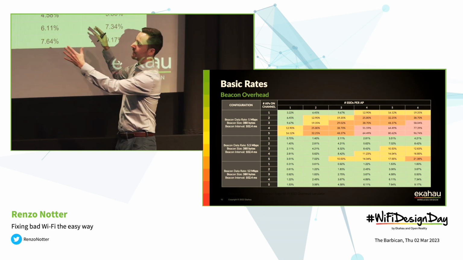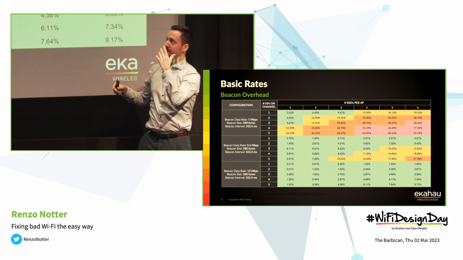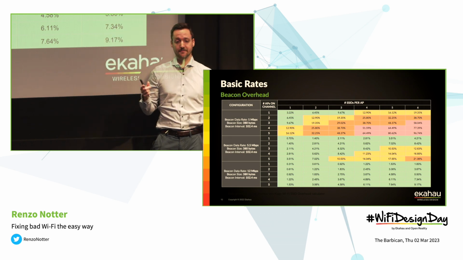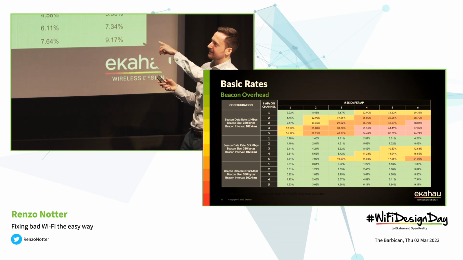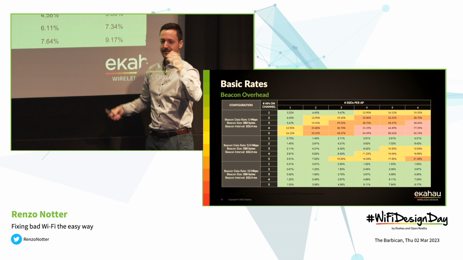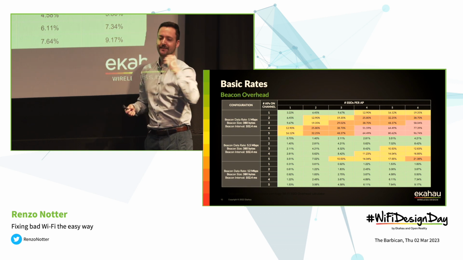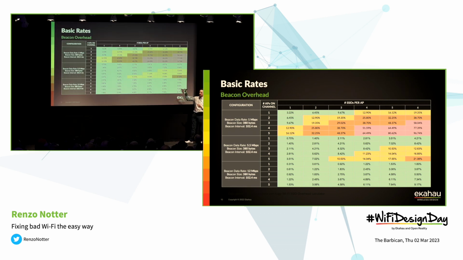And it shows you basically how much is the beacon overhead, just the beacon frames itself. So not a single client is connected to these access points, just the beacons, the 10 beacon frames per second per SSID. How much overhead does this generate, right?